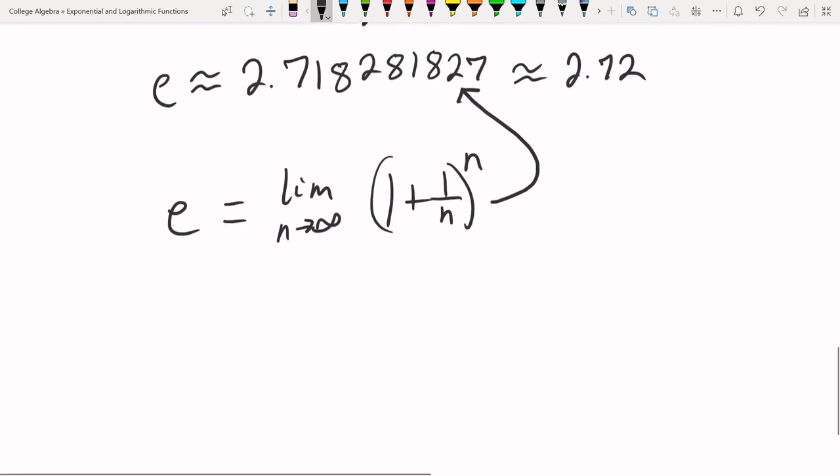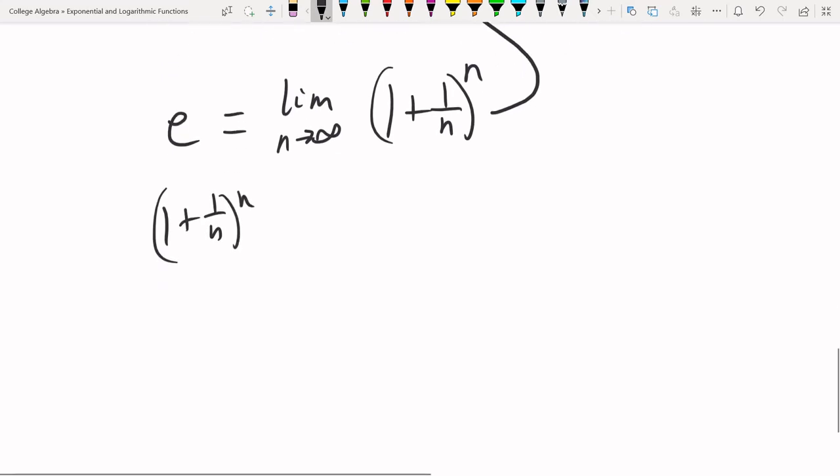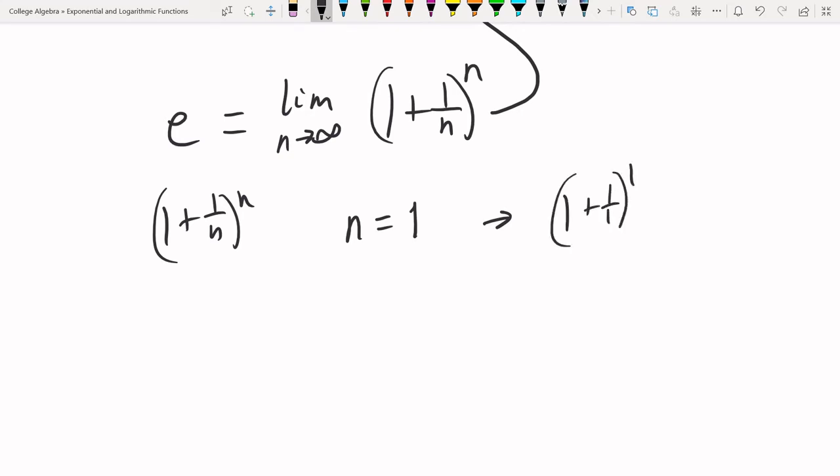I can show you that real quick here. Let's just look at 1 plus 1 over n to the power of n when n equals 1. We get 1 plus 1 over 1, to the power of 1. On the inside, 1 plus 1 is 2. 2 to the power of 1 is 2.